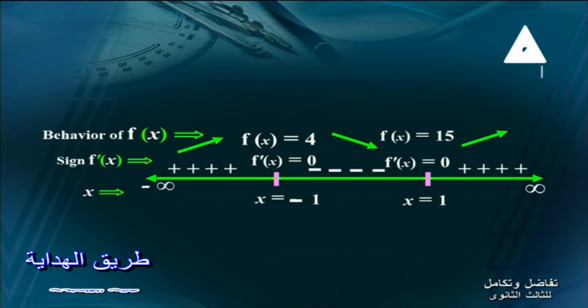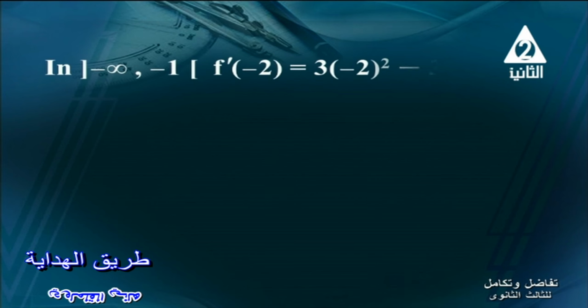And in the third interval, from x equals 1 to x equals infinity, the sign of f dash x is positive and the function is increasing in this interval. The corresponding value of y at x equals negative 1 is 4, and the corresponding value at x equals 1 is 0.